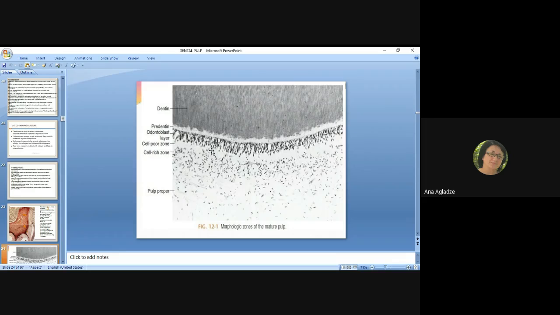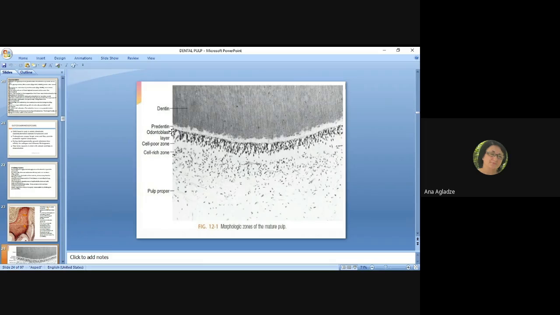We will try to discuss each component in turn. The ground substance permeated by fibers provides structural support for the cells and the vessels in the dental pulp. And there are different tissue zones in the pulp, and they can be distinguished.